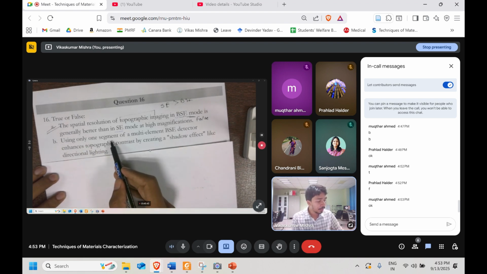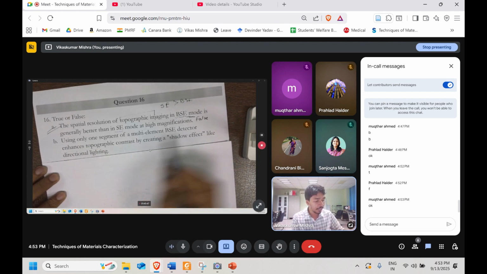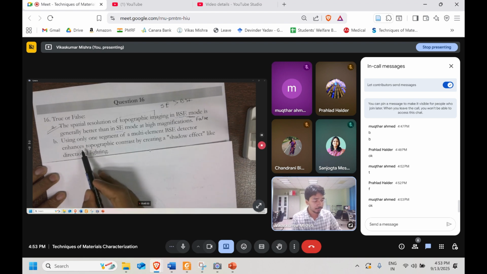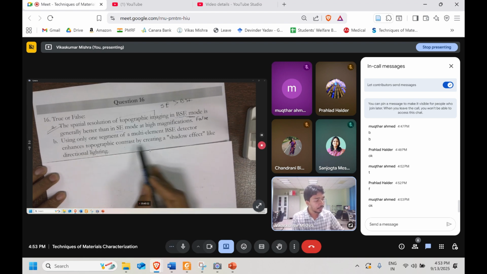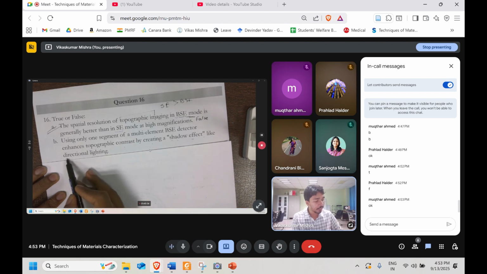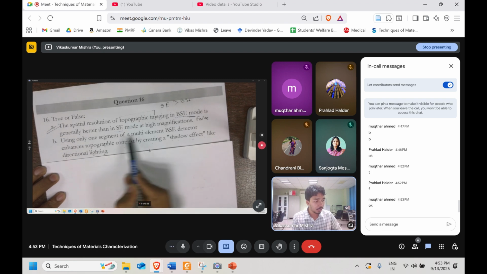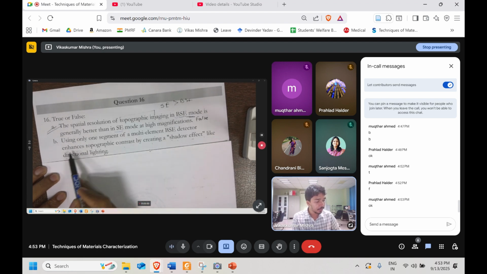Using only one segment of the multi-element BSE detector enhances topological contrast by creating a shadow effect like directional lighting. Using only one segment of the multi-element BSE detector enhances the topological contrast.